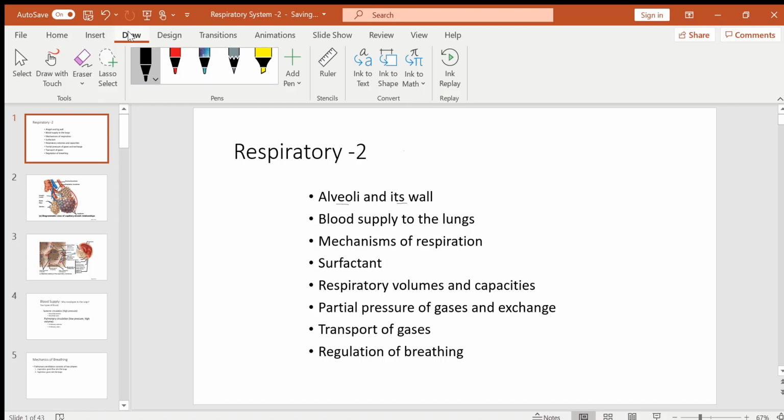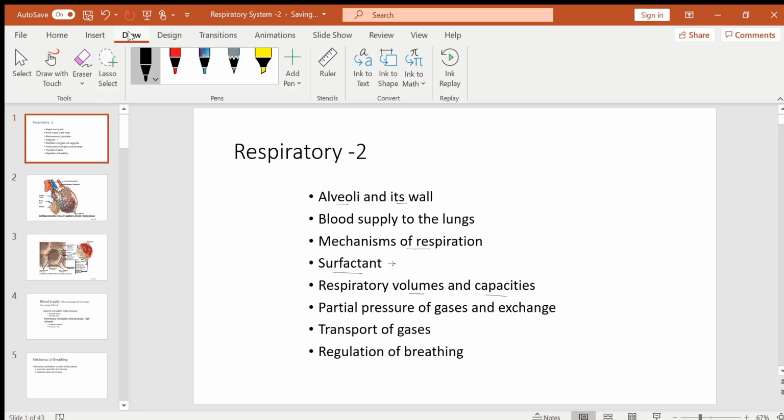Then we'll talk about the mechanisms of breathing or respiration. Then we'll talk about a fluid called the surfactant, which is very important to keep the alveoli open. We'll talk about the respiratory volumes and capacities.